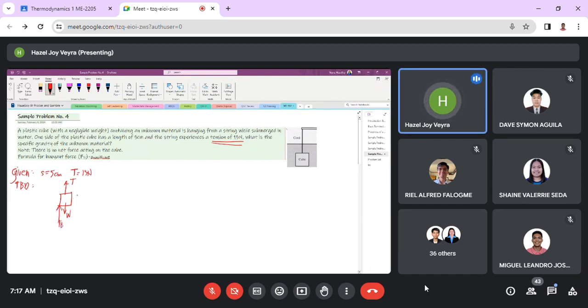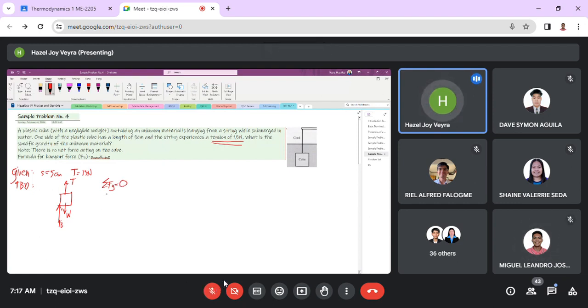So class, remember, in your fluid mechanics or fluid machinery, you'll encounter this buoyant force. So buoyant force is the force which is always against the weight of a substance submerged in water. So since the cube is at rest, we'll have the summation of forces equal to what? What's the equivalent of the summation of the forces?